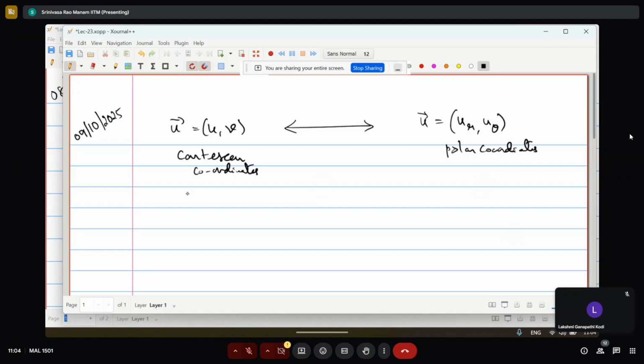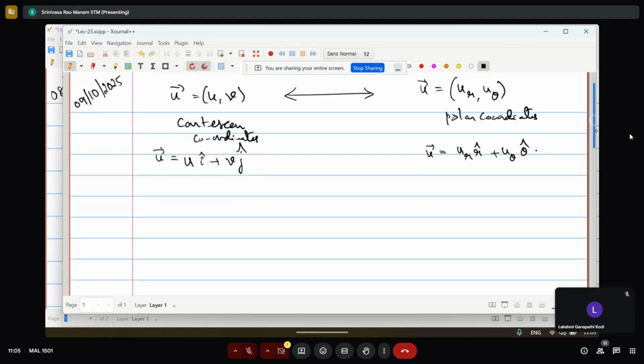So what is the meaning of this? This is your u i cap plus v j cap. Here u bar equals u r into r cap plus u theta into theta cap. This is what you have.